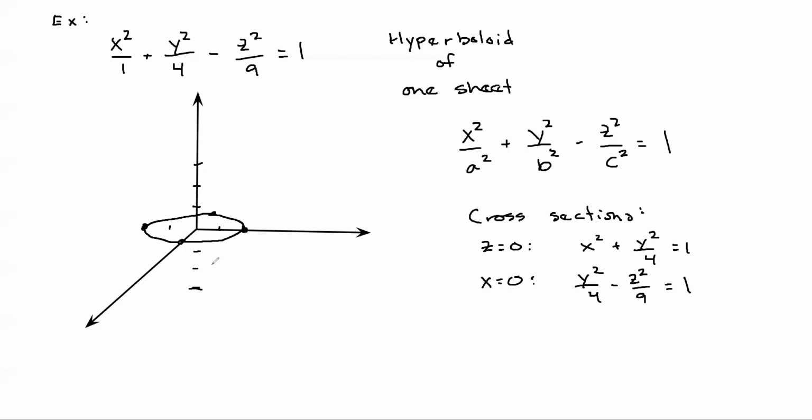And then using the dashes here at the top and bottom, and on the left and right, you form the box. And then the asymptotes go through the corners of the box.